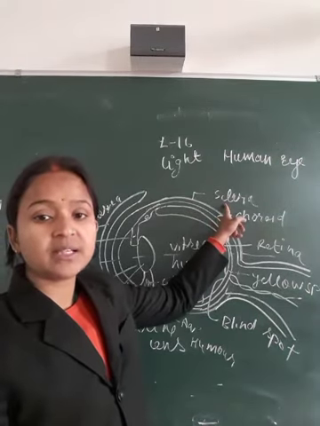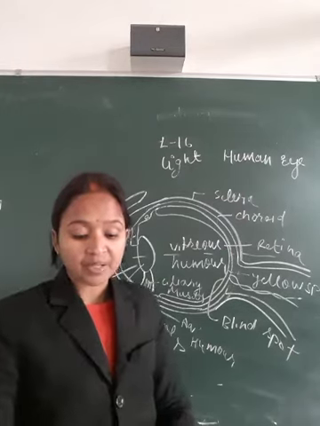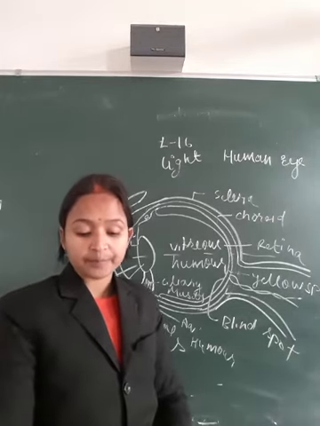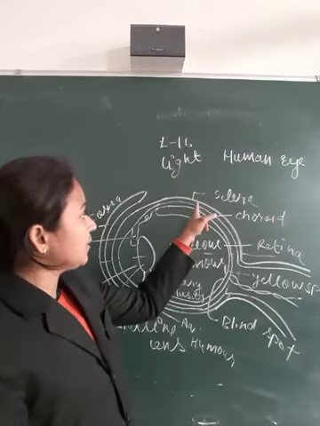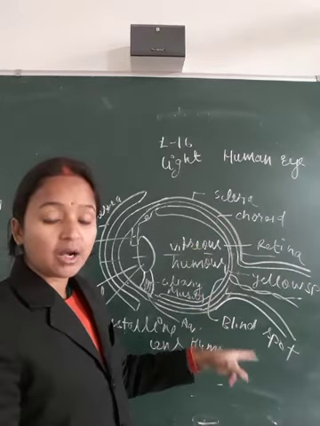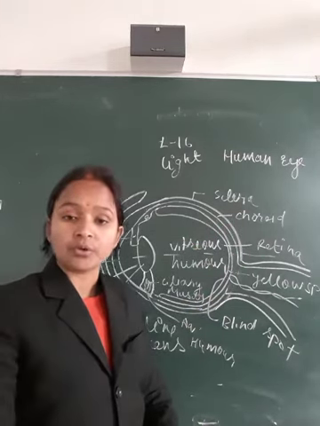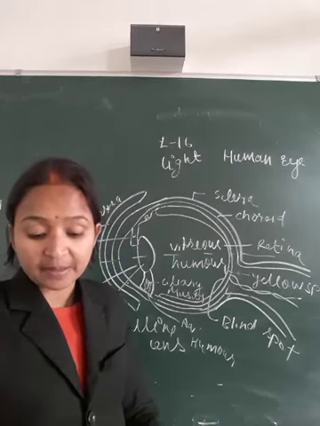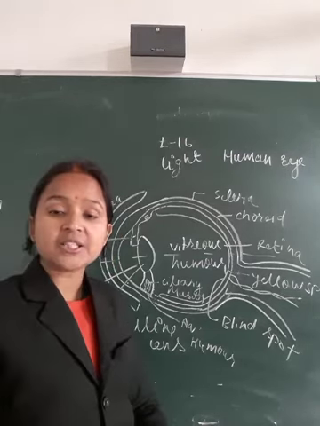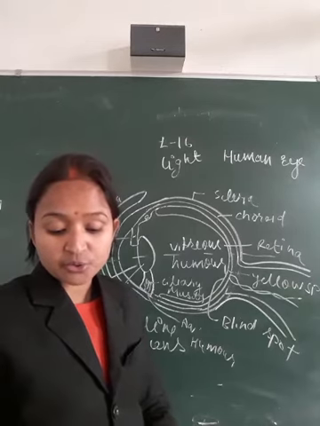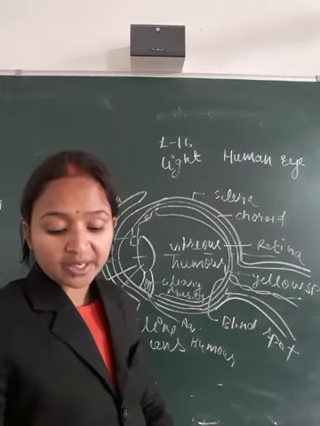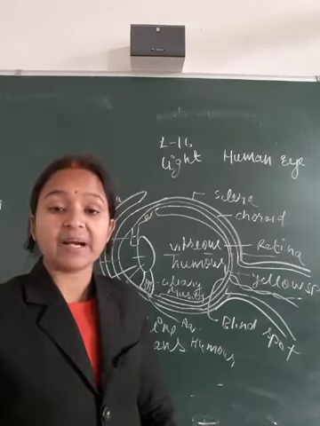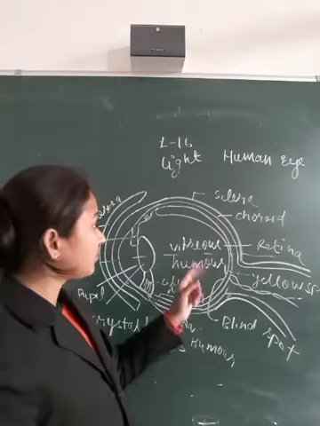It is the outermost covering of the eyeball, made of white tough fibrous tissue, and its function is to house and protect the vital internal parts of the eye.